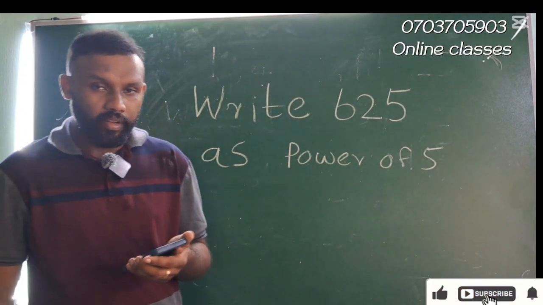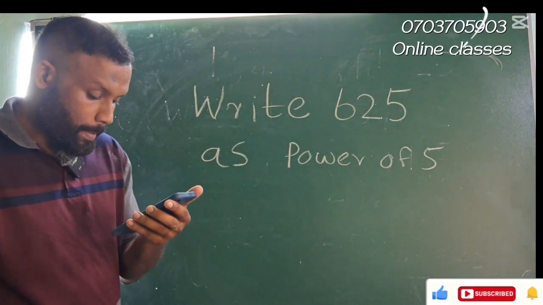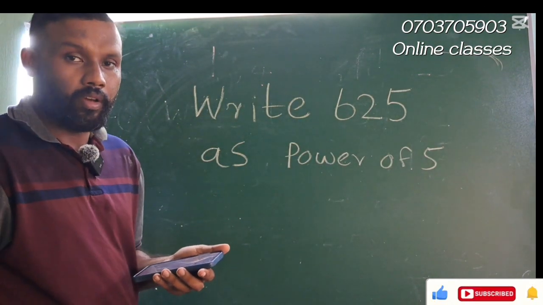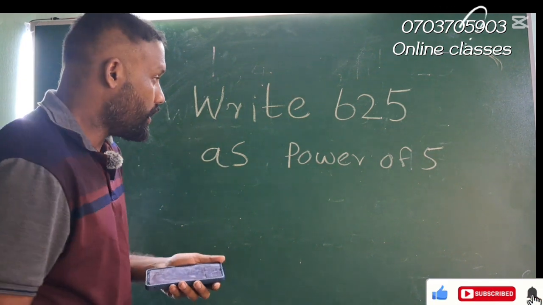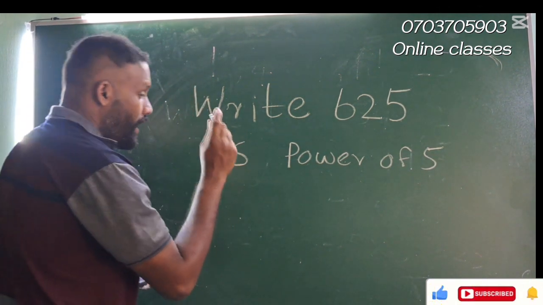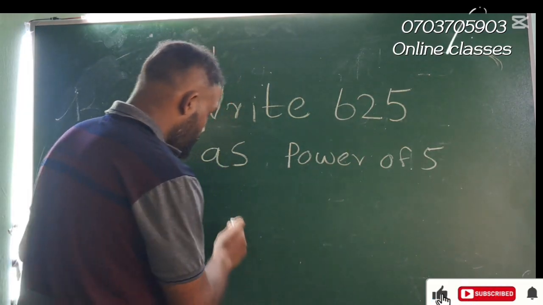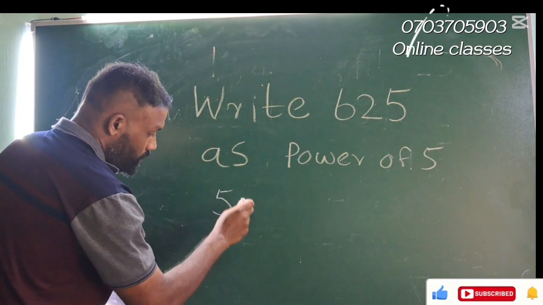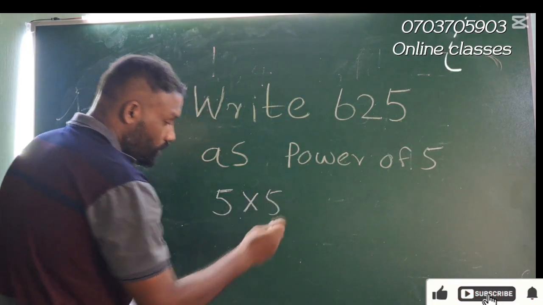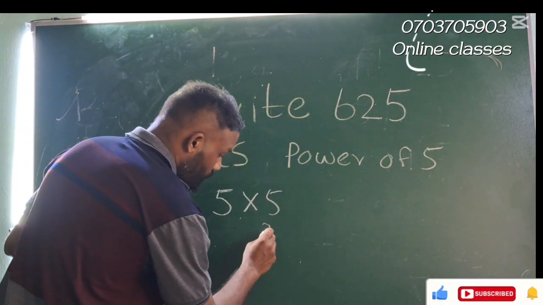Right. Next question is, write 625 as a power of 5. Look at this one. 625 as a power of 5. Start with 5. Then 5 times 5, you know, 25.